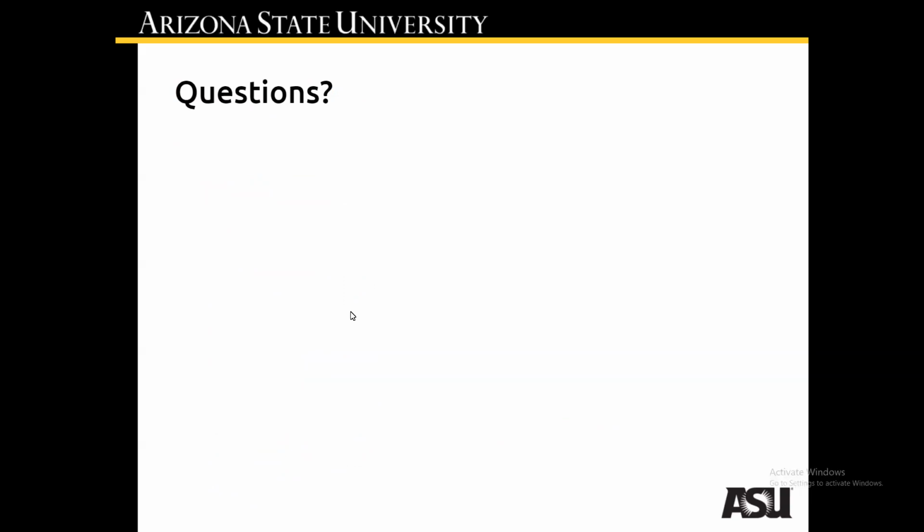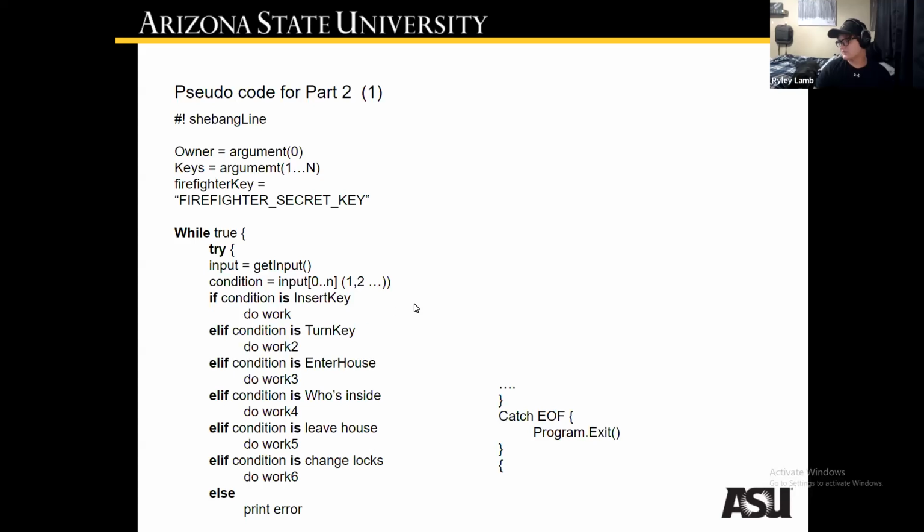I can talk a little bit more about the pseudocode portion. Sure. So yeah, in the first slide, we went over the end of file, going through the list of input. So it's actually going through each one as it would be.